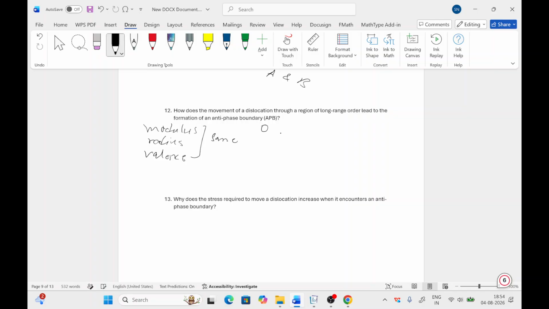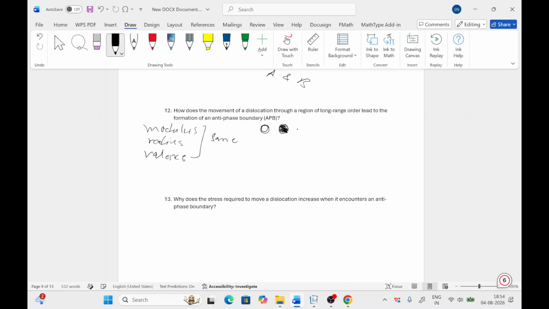So we can make a matrix for long range order.